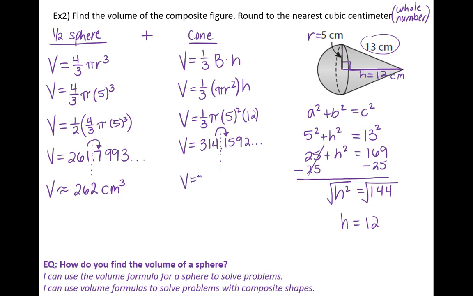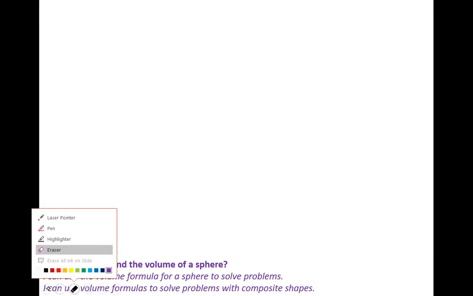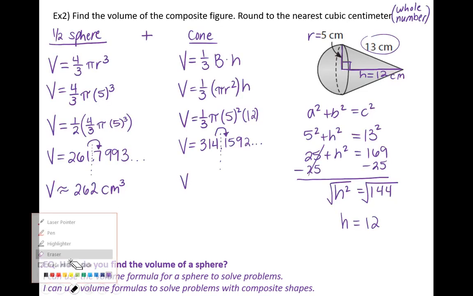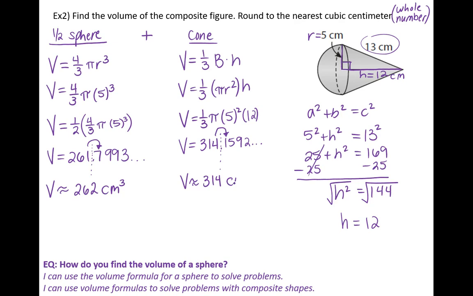So I would say V is approximately, since we rounded, 314 centimeters cubed.